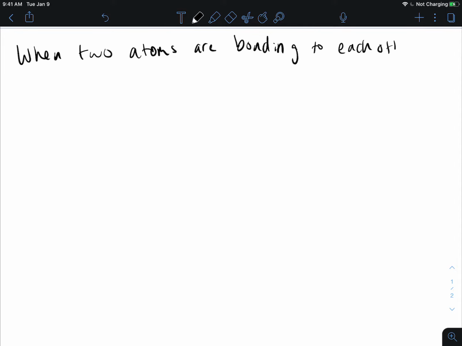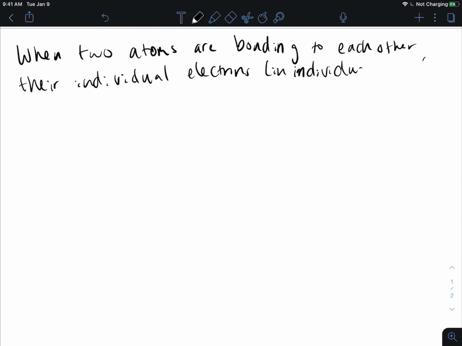So when two atoms are bonding to each other, their individual electron or electrons in individual orbitals will occupy the same space.